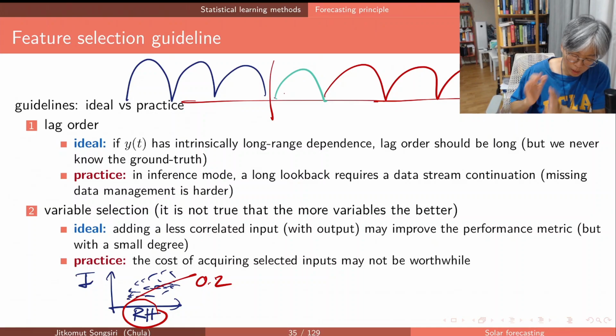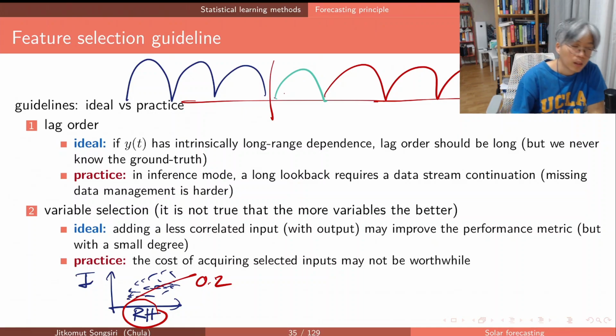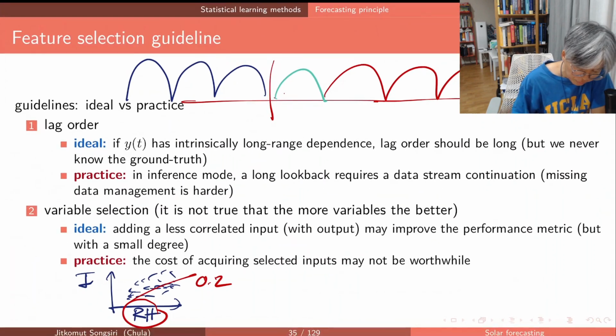So when you come up with a way to select the model architecture, the variables, and the feature set, try to think about when you deploy the model as well. Sometimes your feature variables are not free. They have to be purchased from another source, and that has a cost as well.